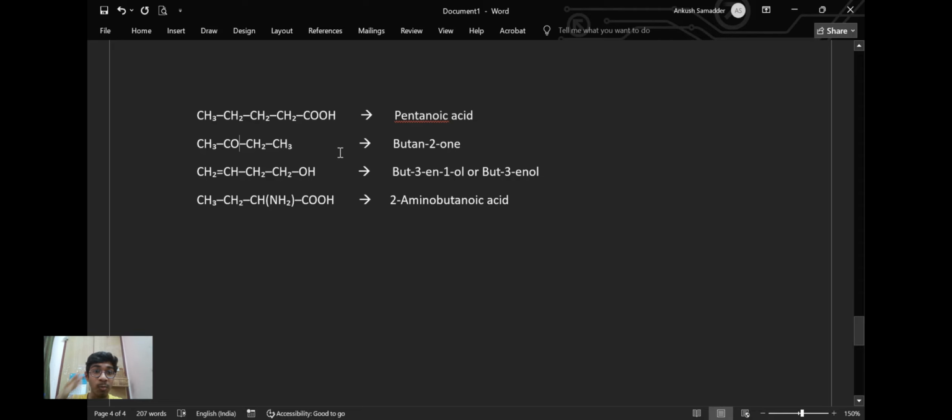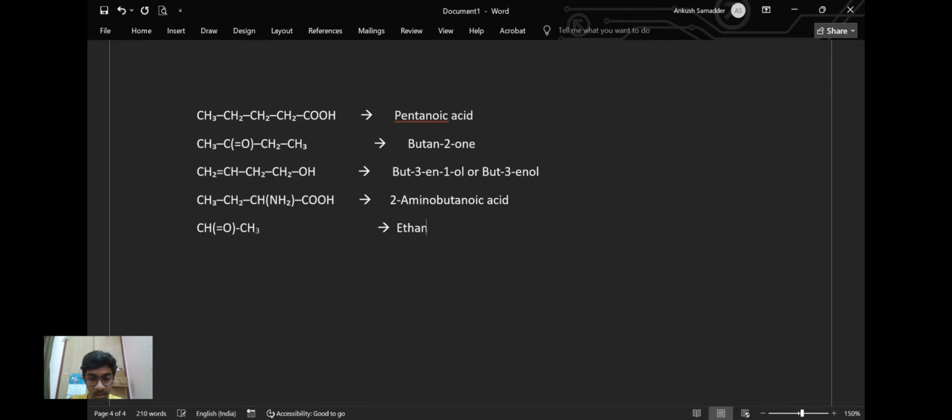But whenever this oxygen atom is at the first carbon, it is an aldehyde. That's why one, two carbons are there. So it will be ethanal. It will be written as ethanal because this is an aldehyde.